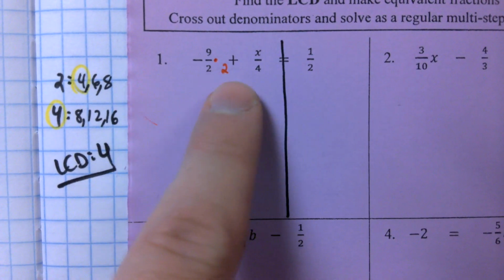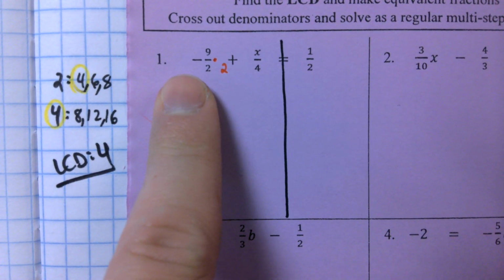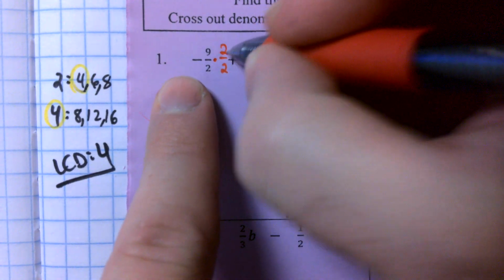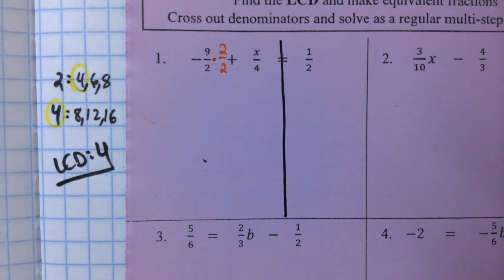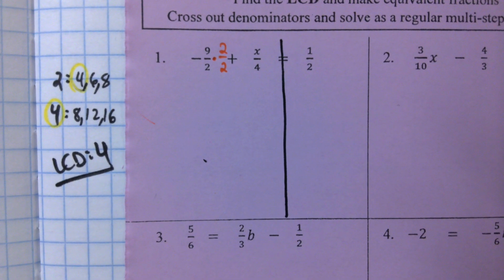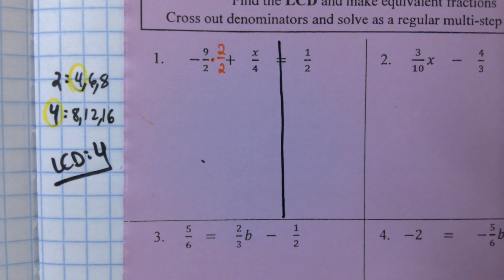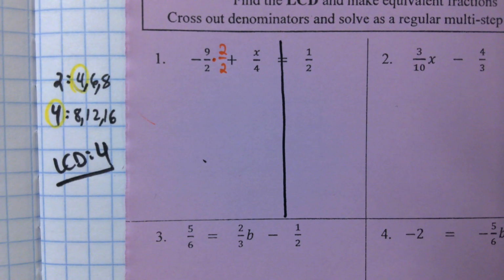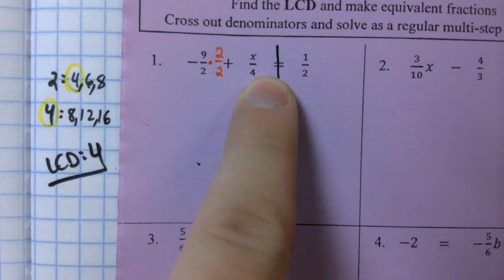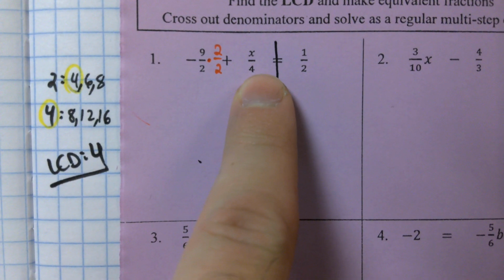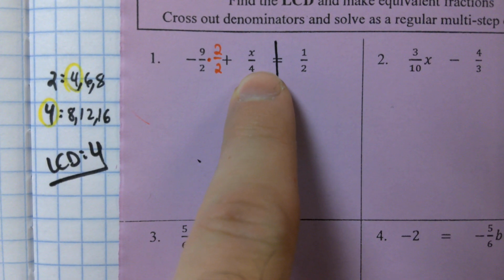Now, can I just multiply the bottom of my fraction? No, I got to multiply the top by the same number, because what is 2 over 2 equal to? It's just equal to 1. If I multiply something by 1, does that change what the number is? No, it may change how it looks, but it doesn't change what it is. X over 4. Do I need to do anything with x over 4? No. It already has my LCD as the denominator.